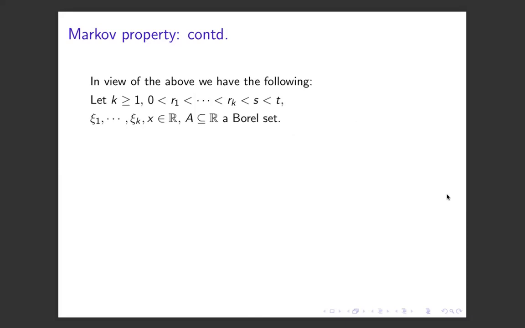Okay. So in view of all these things which we have done, suppose an integer k greater than or equal to 1 is fixed. Now we will change the notation we have given for the time points. Let the time points be r_1, r_2, ..., r_k, s and t.